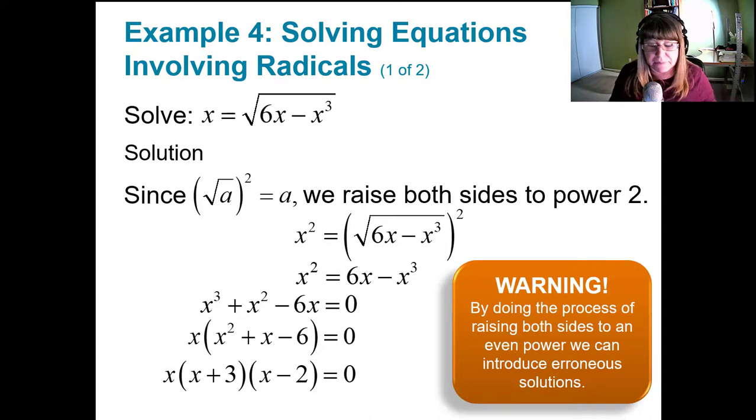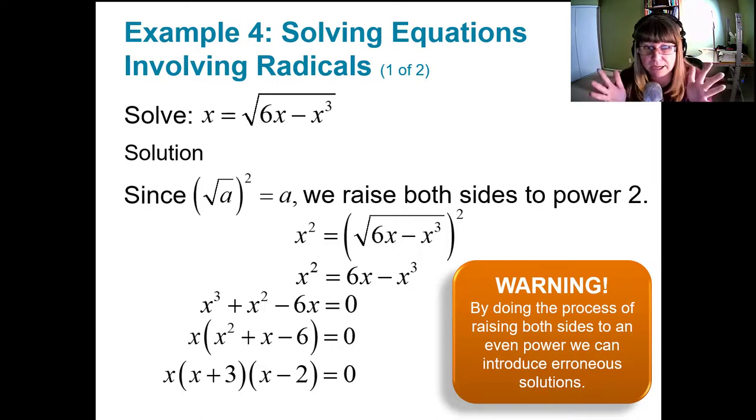Fair warning. This process of squaring, of blowing up your problem, can introduce erroneous solutions when you are blowing it up by an even root. So we've made it to the power of 2. 2 is even, and therefore this blowing up can introduce erroneous solutions.